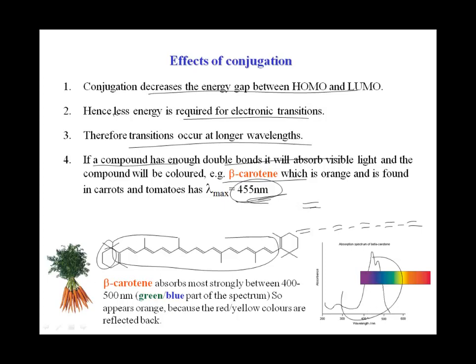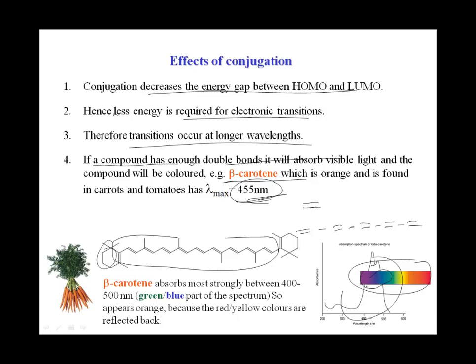You show the UV visible spectrum for beta carotene, and you can see that its main band occurs at about 455, but then if you impose the visible spectrum on it, you can see that it's absorbing here in the blue and the green region.